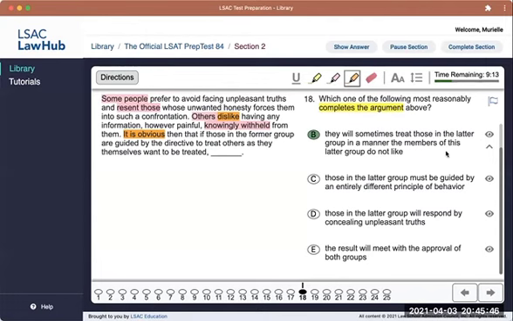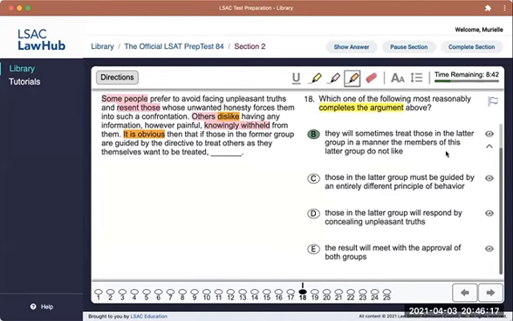Okay, and then C, that if in the former group they act in a particular way, or they are guided by this directive, which we know would mean they would act in a particular way, then those in the latter group must be guided by an entirely different principle of behavior. No, actually. It's possible that both groups are guided by that principle of behavior, by the golden rule.